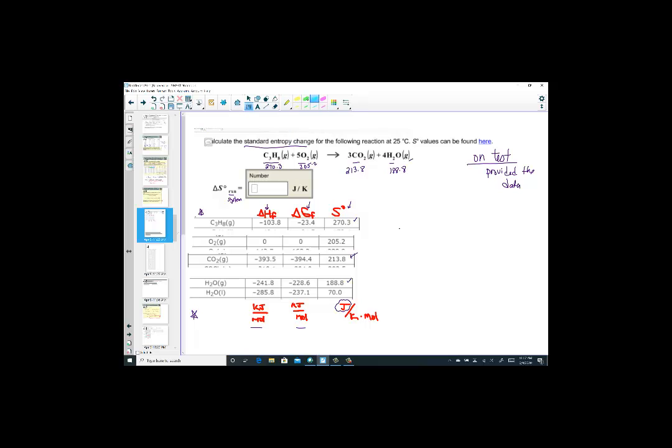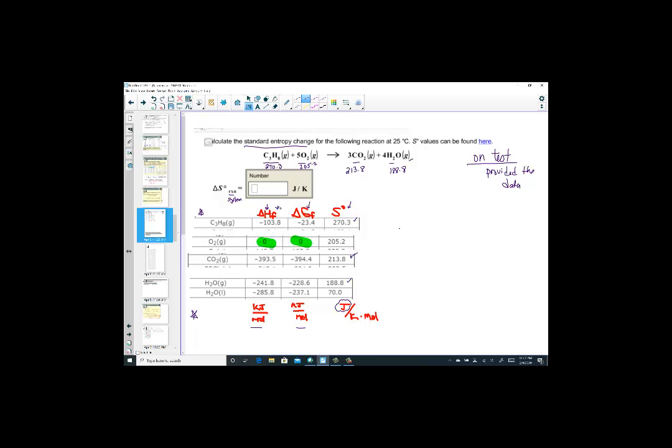I want to remind us why we're seeing zeros for the element oxygen. Do you recall when we defined the heat of formation? How much energy does it take to build a compound from the elements it's made of? And we decided that elements, since they're in their natural state, we don't build those.